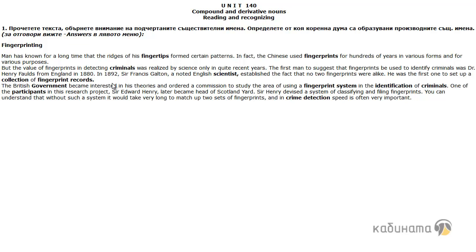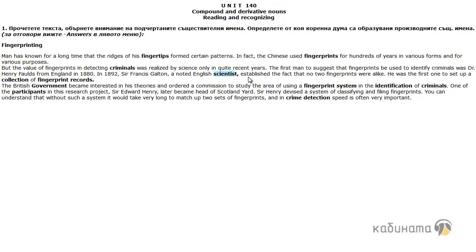When we talk about derivative nouns, the words here are criminal. Well, the word is crime, and one who commits a crime is a criminal. So, scientist.